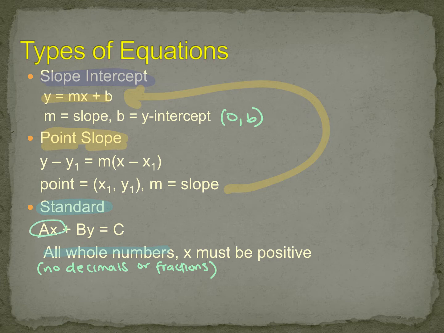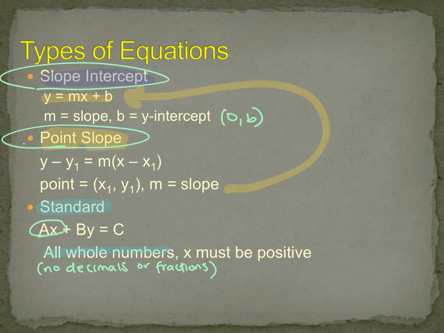The y can be negative, but the x has to be positive. So we very rarely plug information into this type of equation. We would plug into slope-intercept or point-slope, and then it might ask you to put it into standard form, and that's when you would move it around to be variables on the same side, no decimals, no fractions, and x being positive.